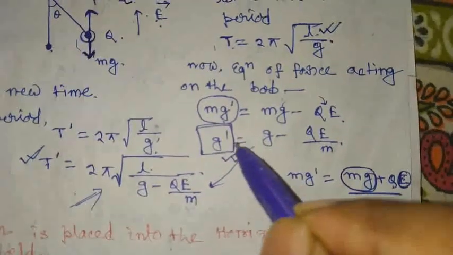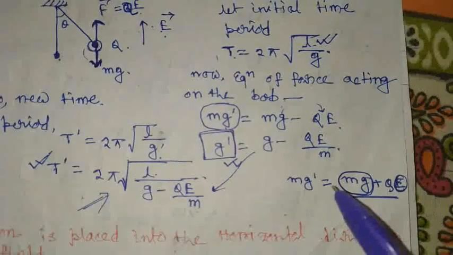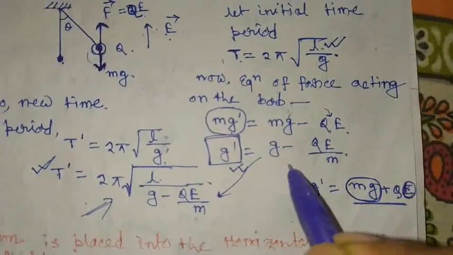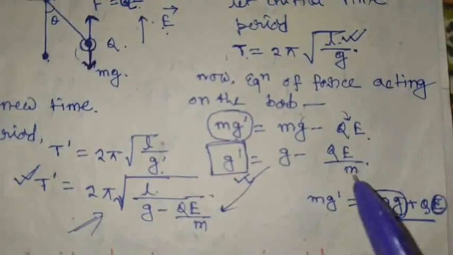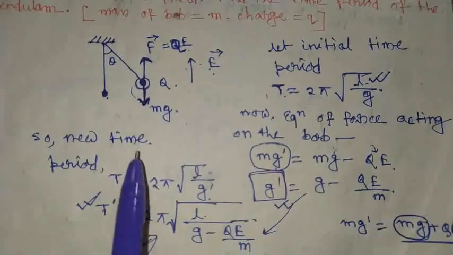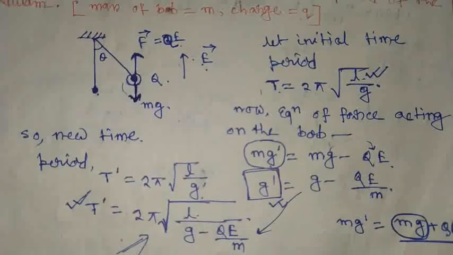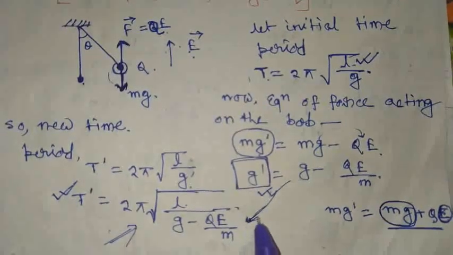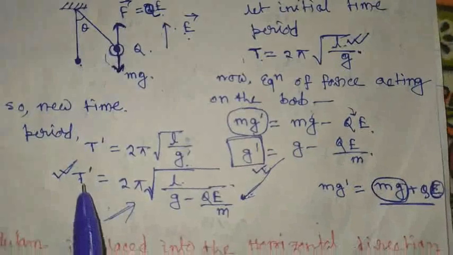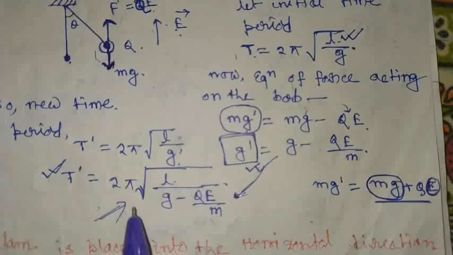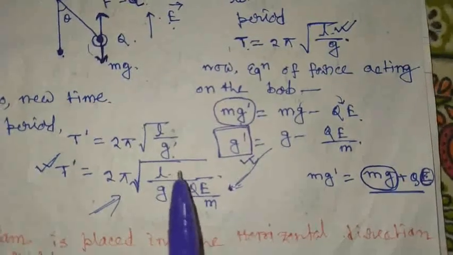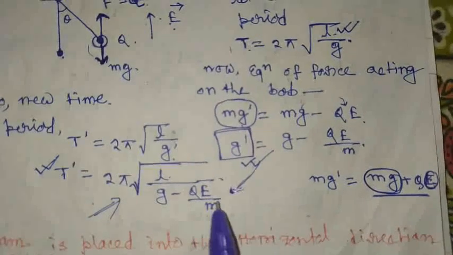If we divide by m on both sides, then g prime can be written in this form. So the new time period T prime is 2 pi root over L by g prime, and putting the value of g prime here, you get the modified time period, T prime equals 2 pi root over L by (g minus QE by m).